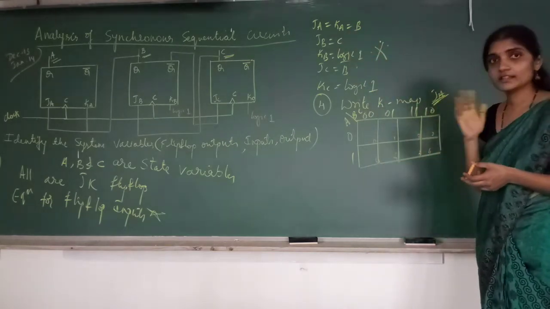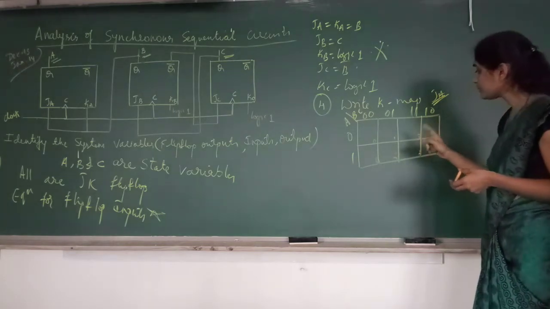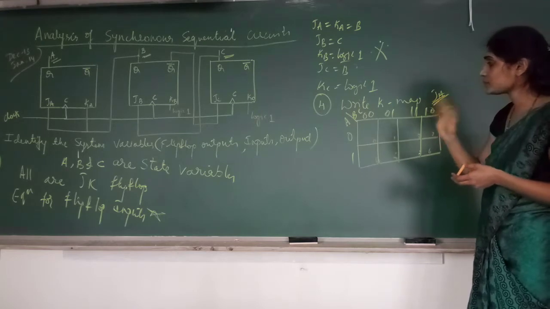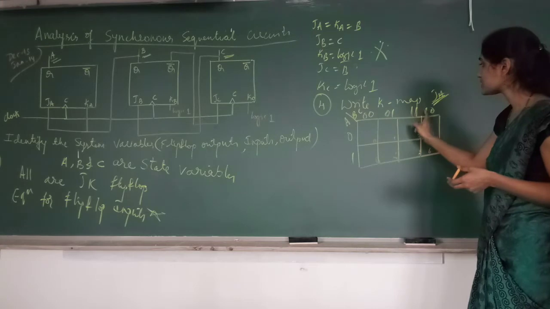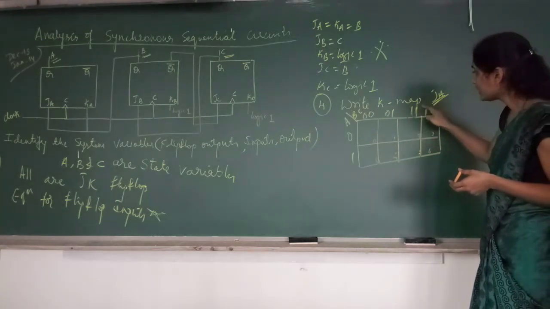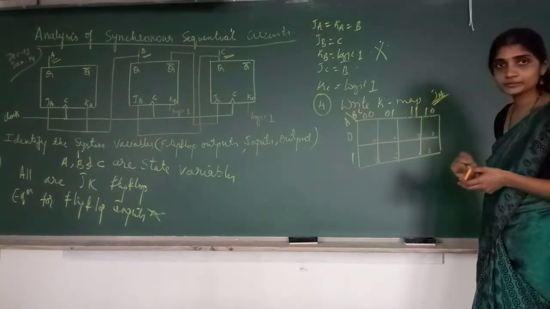You have to think and put min terms. If I put min terms in these cells, I should get the equation as B. B is this, correct? Where will I get B? Here B is taking 1, and here B is taking 1. So obviously I have to fill the min terms here.